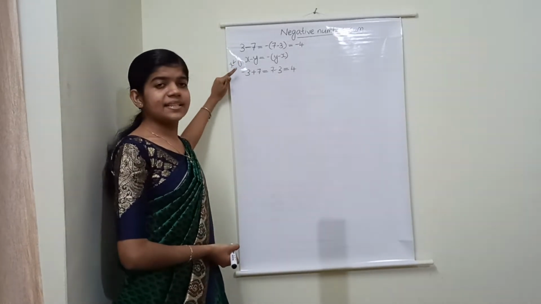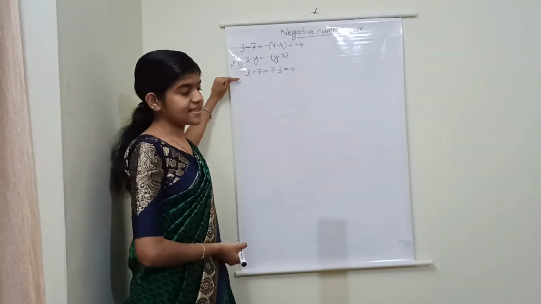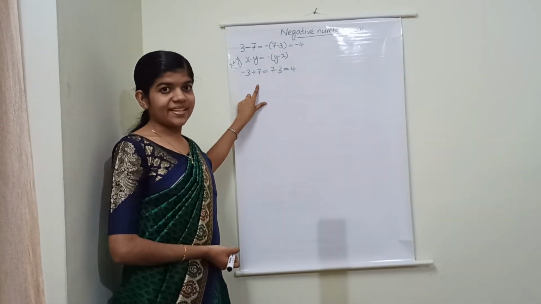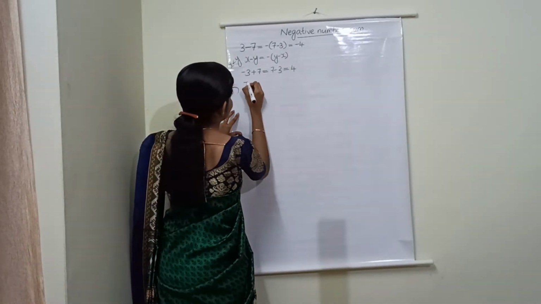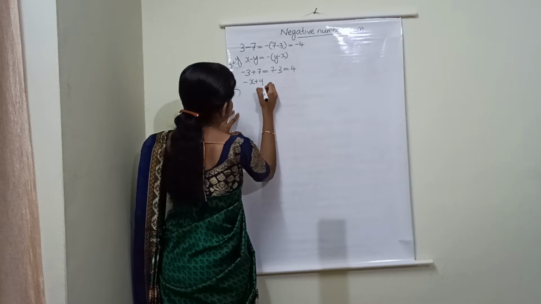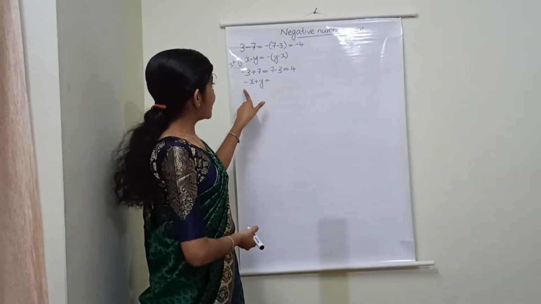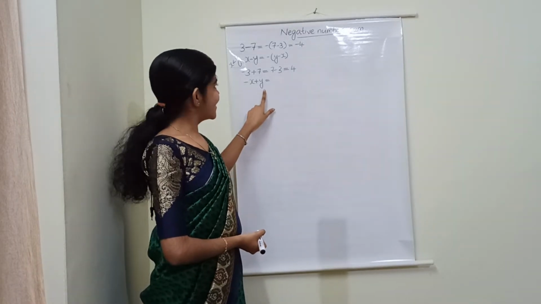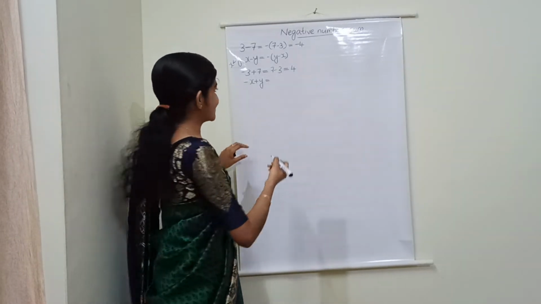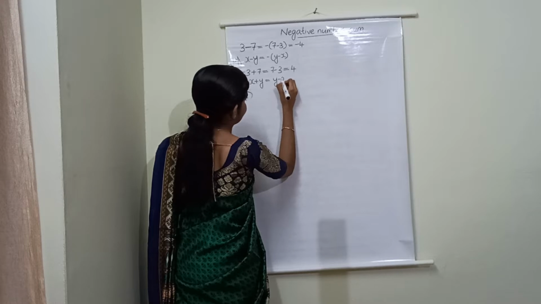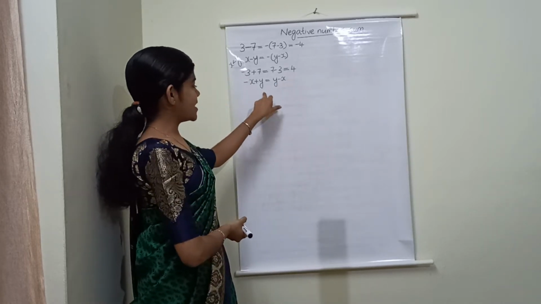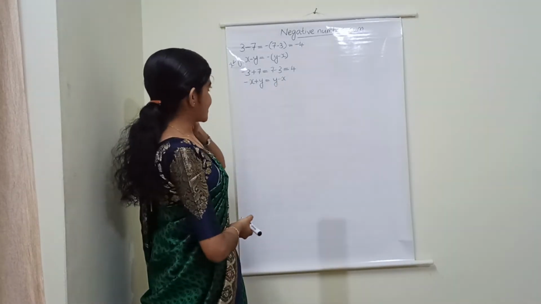Similarly in terms of x and y, how can we write this? Minus 3 plus 7. Yes, minus x plus y. Minus 3 plus 7 is equal to 7 minus 3. Then what is minus x plus y? Yes, y minus x. That is, minus x plus y is equal to y minus x.